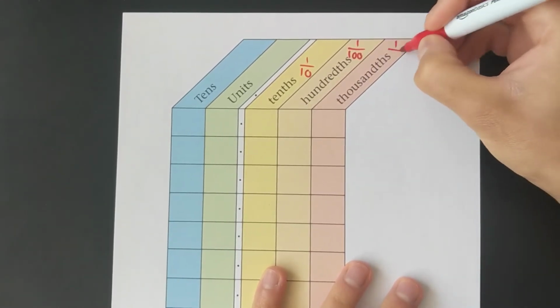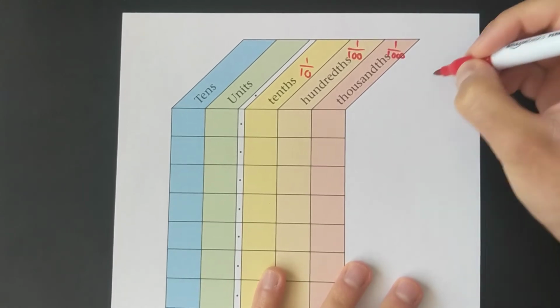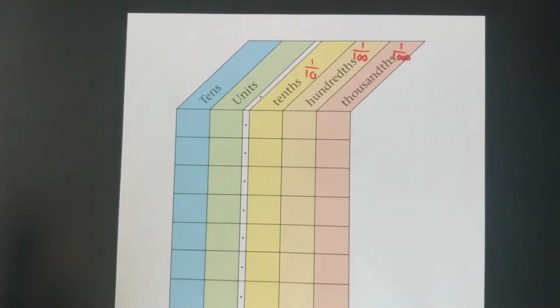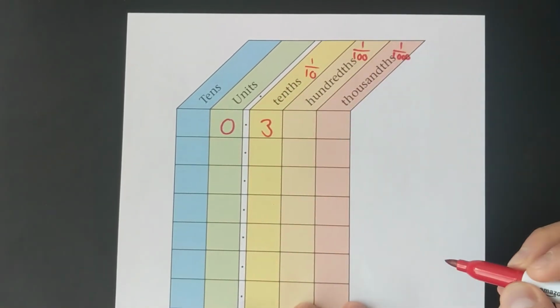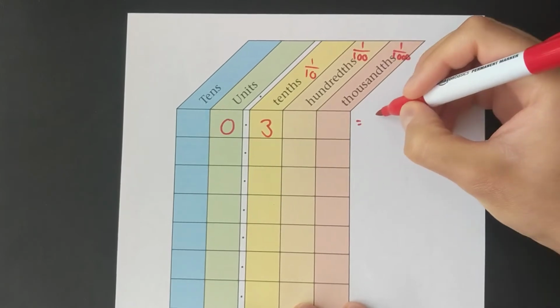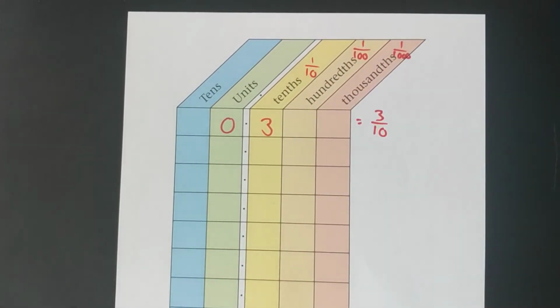We've got thousandths, which is 1 over 1,000. I could have 10,000ths, 100,000ths. Again, that goes on forever. So if I was going to write down the decimal 0.3, that means I've got 3 tenths. 0.3 is 3 tenths. That's what it is.